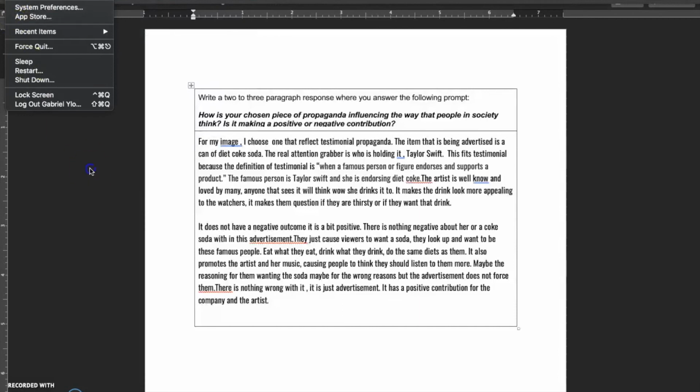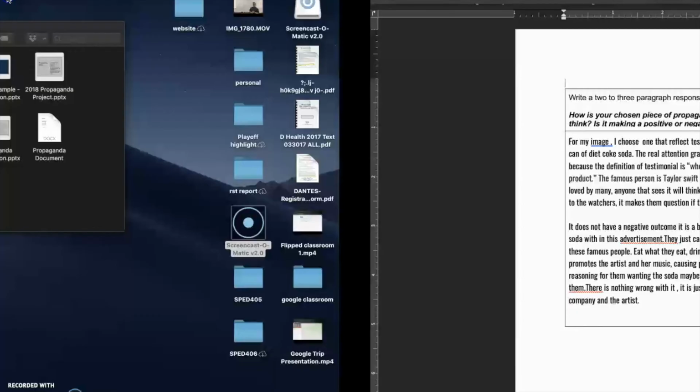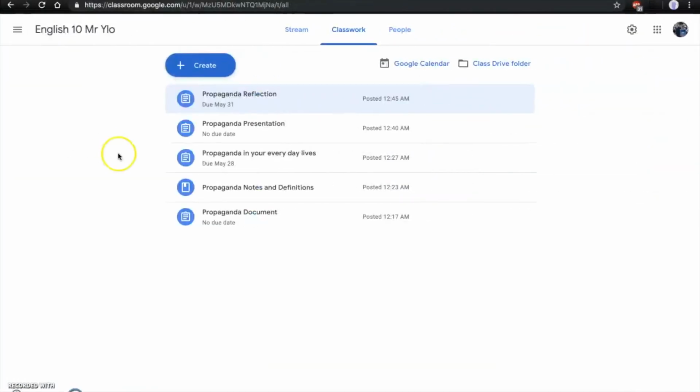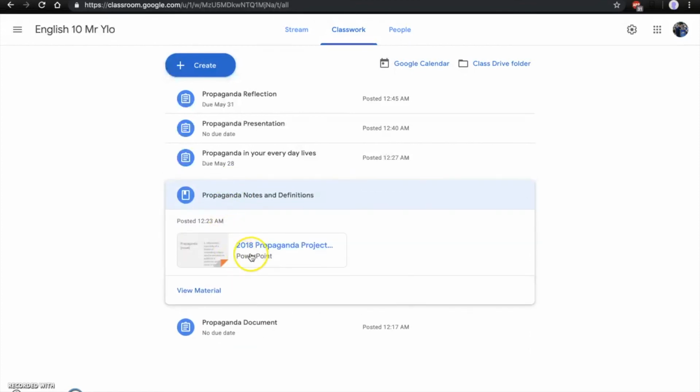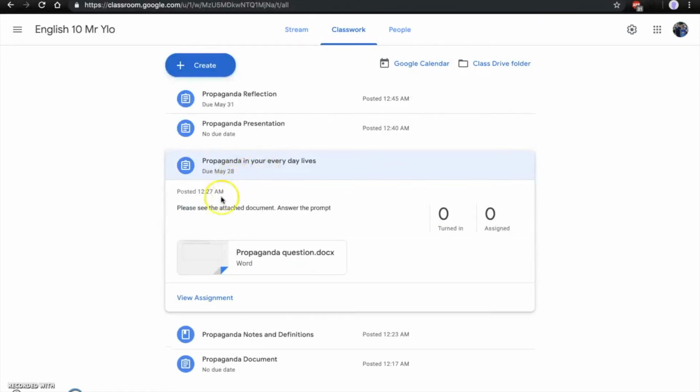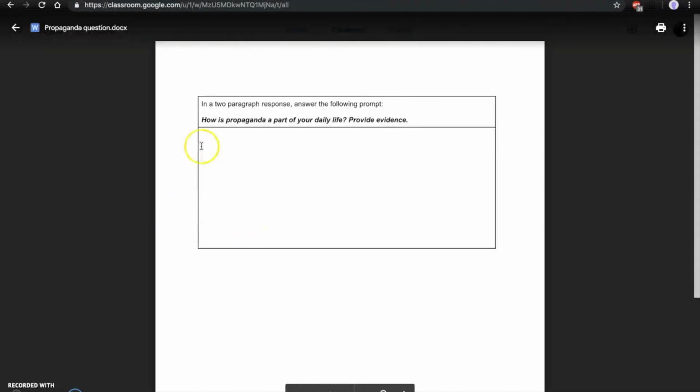And that is the last part of this unit. So it started with the propaganda notes. If the students were not in class, they were able to access the PowerPoint. And they had a homework assignment with these propaganda questions.